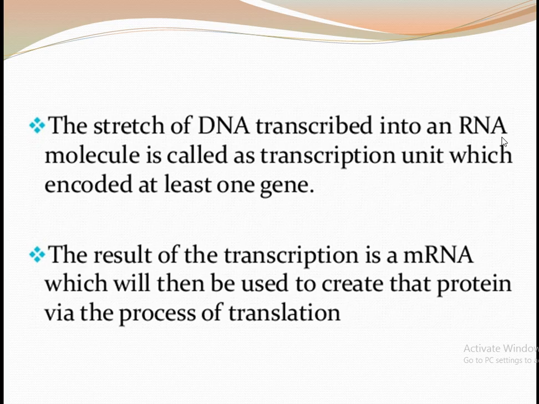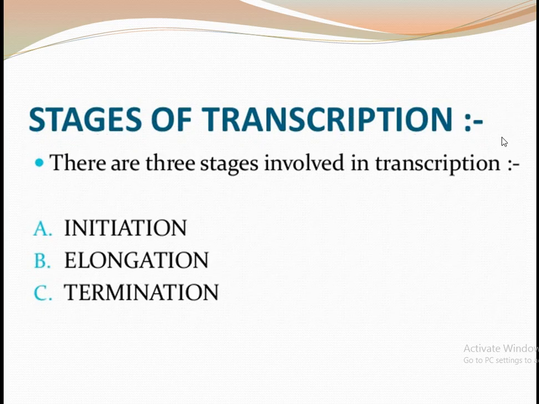Under the influence of the enzyme RNA polymerase, a large protein molecule with many functional properties necessary for the formation of the RNA molecule, the process takes place. If we divide the whole process into stages, we have three major stages: initiation, followed by elongation, and then termination of the chain.